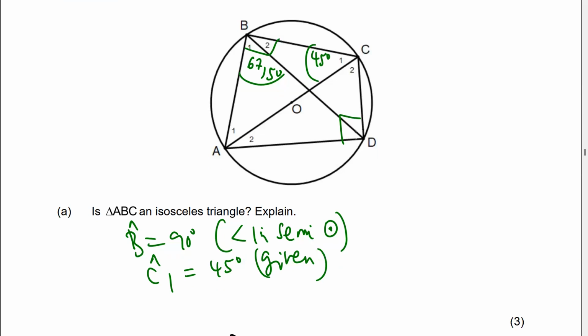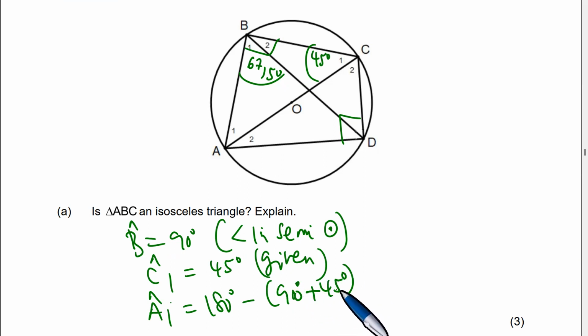So what is angle A1? Angle A1, therefore, is 180 degrees minus 90 degrees plus 45 degrees. So A1 is 180 minus 90 minus 45.